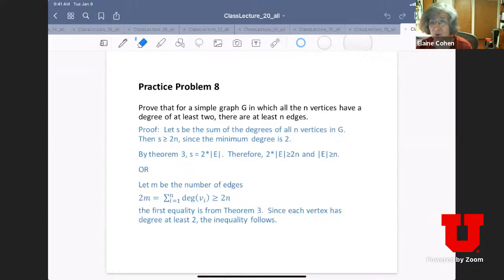So the sum of all of that is greater than or equal to 2 times n. So we have that 2 times m is greater than or equal to 2 times n. So m is greater than or equal to n. And the inequality follows. That's our proof. Okay. Proofs don't have to be scary here.